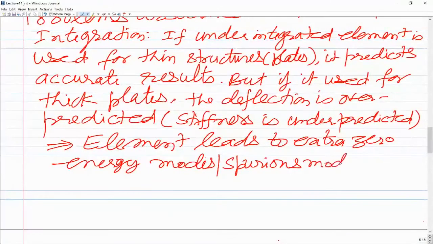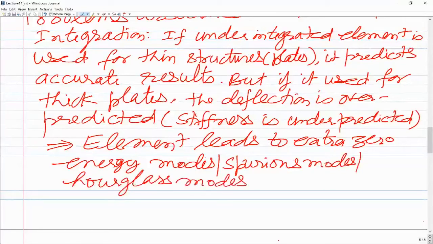There is another term called hourglass. The pattern of these modes is similar to when we hit a glass and observe the crack pattern. So these modes are known as hourglass.